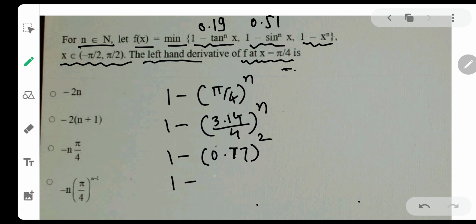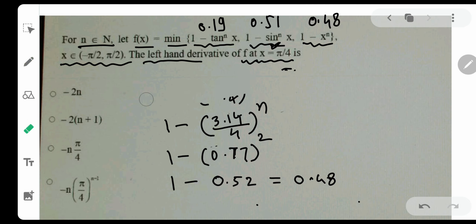This will be 0.77 squared, so it will be greater than 0.49 for sure. So let me take it as 0.52 approximately. It won't be exactly 0.52, but I am deliberately taking it more than 0.49, because 0.49 was taken in the 1 minus sin raised to n case. So it will be about 0.48. Now you can see the values.